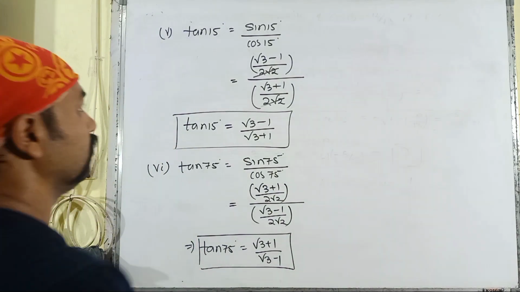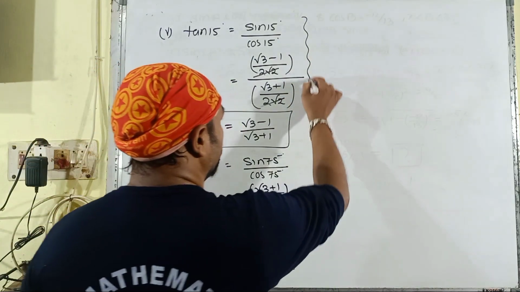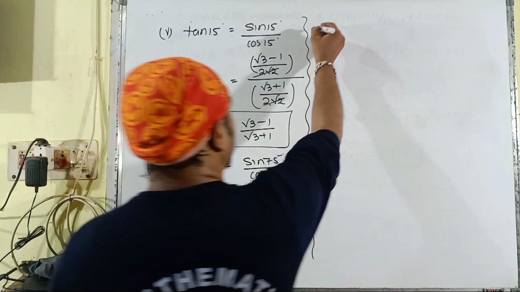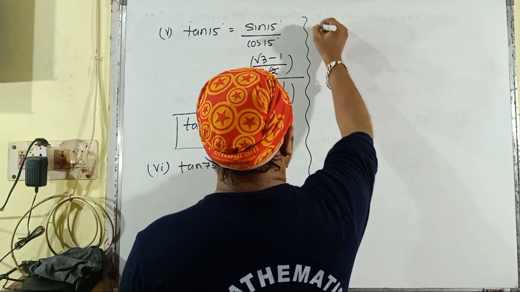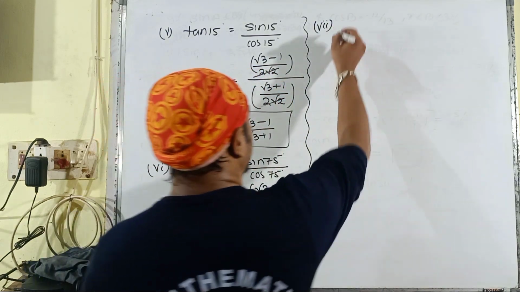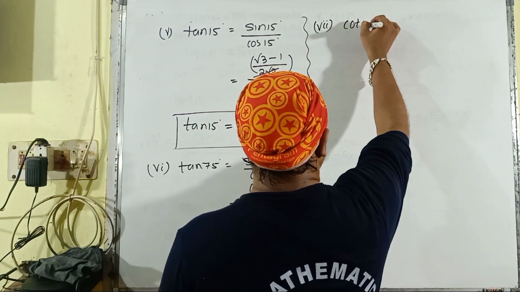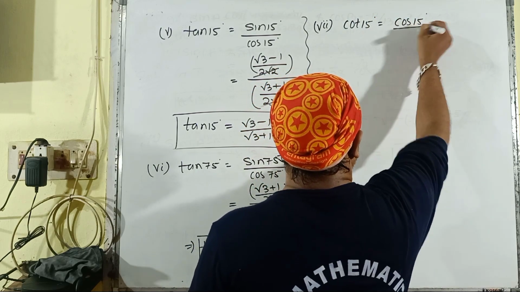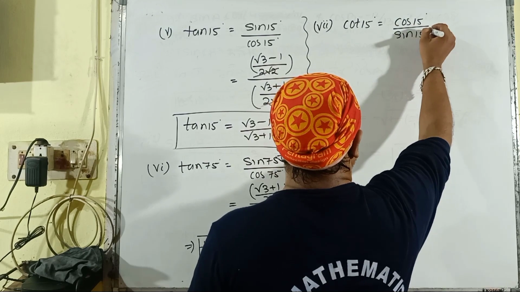Then we have to evaluate the seventh one, and that is cot 15 degree. Cot 15 degree is equal to cos 15 degree divided by sin 15 degree.